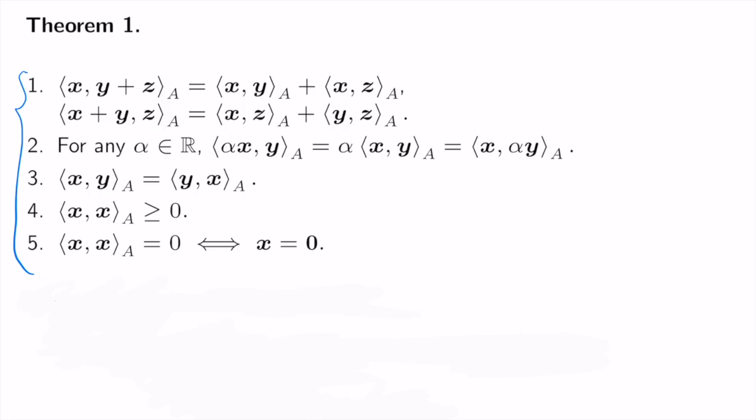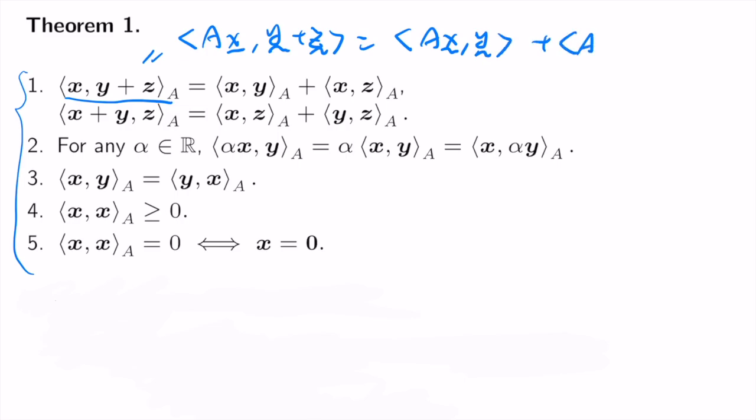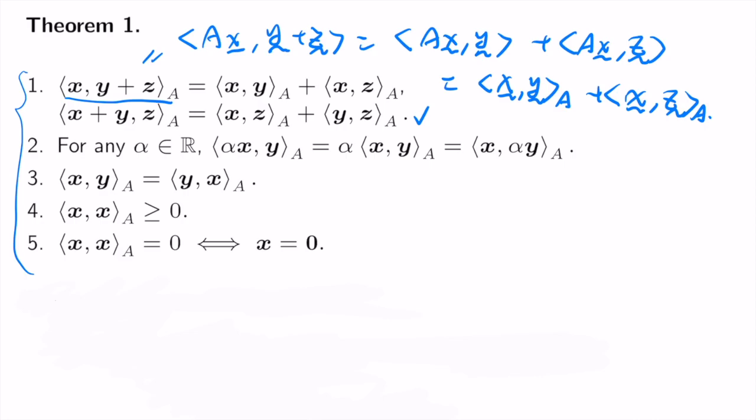For example, this one is equal to, just go back to the definition, Ax times y plus z. And from the property of the usual inner product, this can be split into two parts, the inner product of Ax with y and of Ax with z, which is the inner product of x, y with respect to A plus that of x, z with respect to A. And this one is more or less the same.